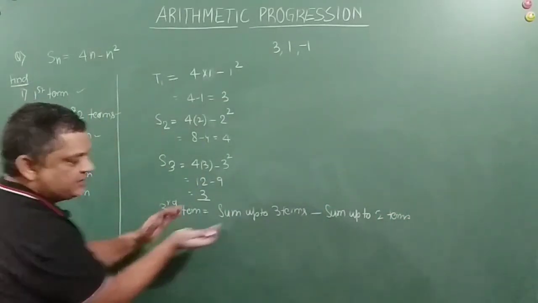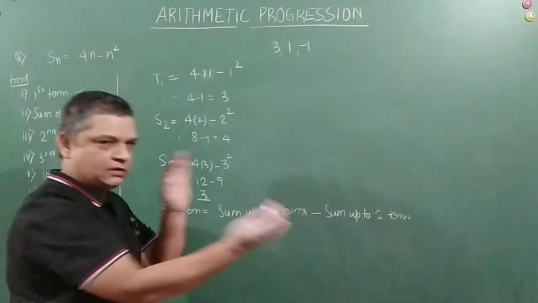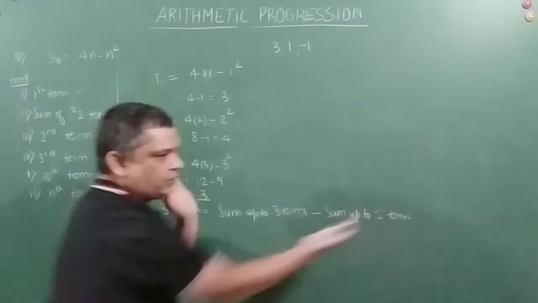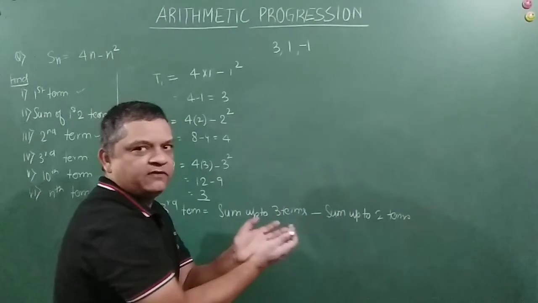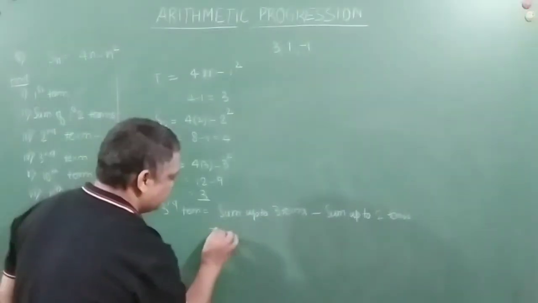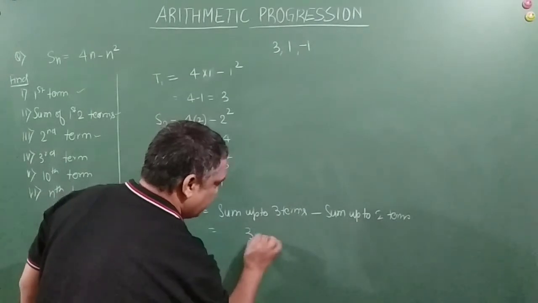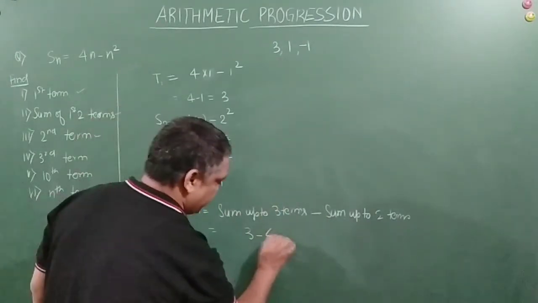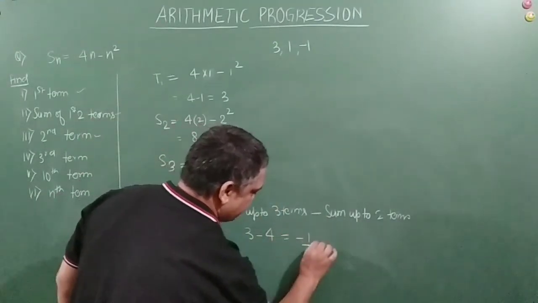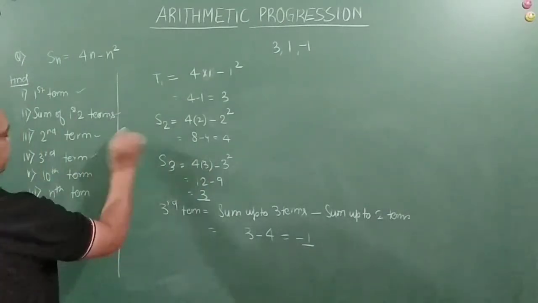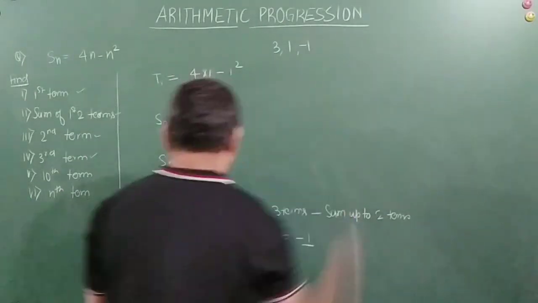So the third term will be the sum up to 3 terms. You add all the 3 terms minus you add all the 2 terms. Then the remaining will be the third term. Okay. So if we substitute it here, the sum up to 3 terms is equal to 3 minus the sum up to 2 terms is equal to 4. So this is equal to minus 1. So even this we have found out. This is minus 1, the third term.